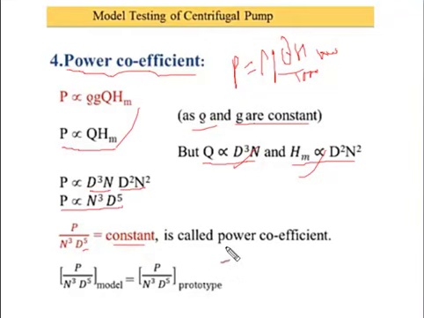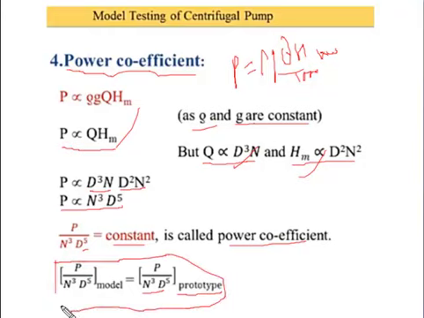This constant is called power coefficient. Now here P divided by n to the power 3 d to the power 5 for model will be equal to P divided by n cube into d to the power 5 for a prototype model. This is the fourth parameter on which we can test a prototype model of a centrifugal pump.